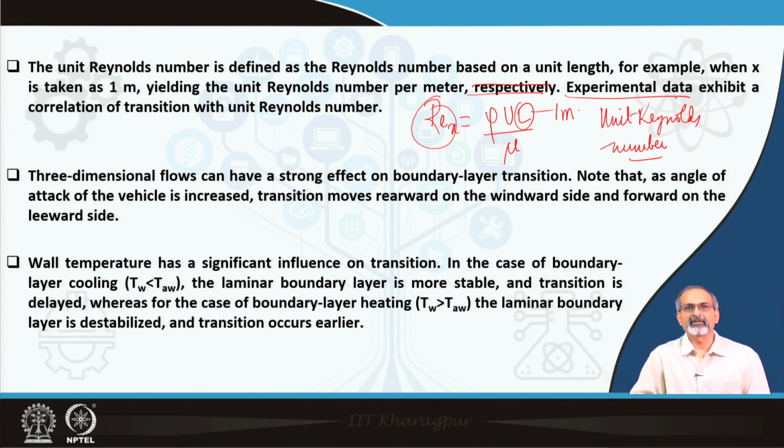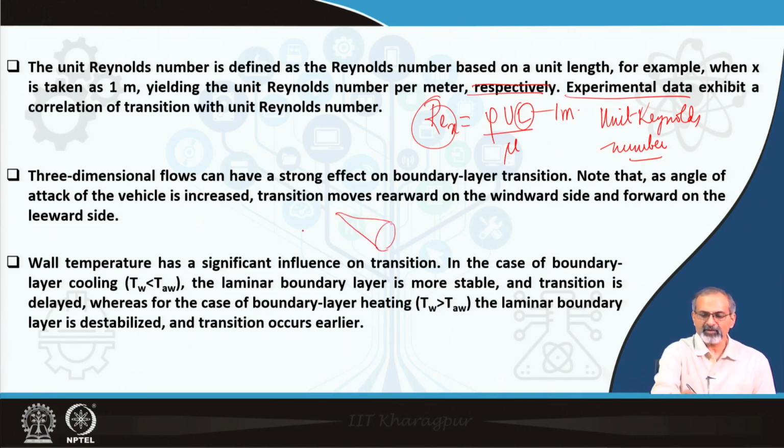Three-dimensional flows can have a strong effect on boundary layer transition. Note that as angle of attack of the vehicle is increased, transition moves rearward on the windward side and forward on the leeward side. So, if you are exposing, let us say, a conical flow to such a cone, to a flow which is approaching it at an angle of attack, then we are talking about increase of the angle of attack having an influence on the transition.